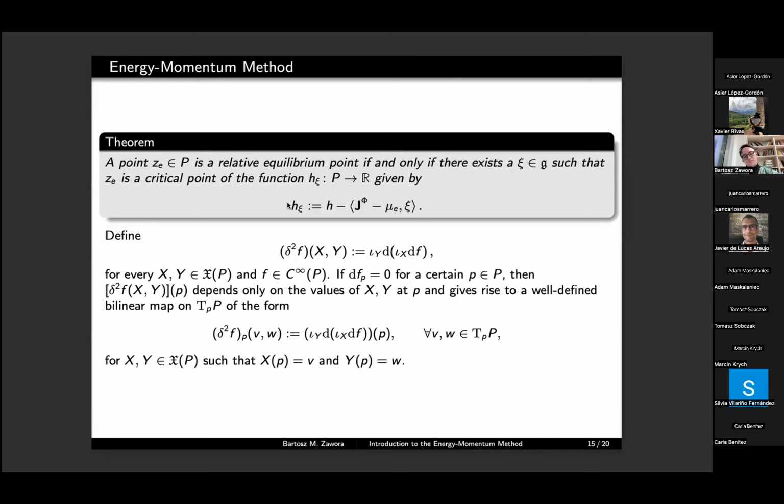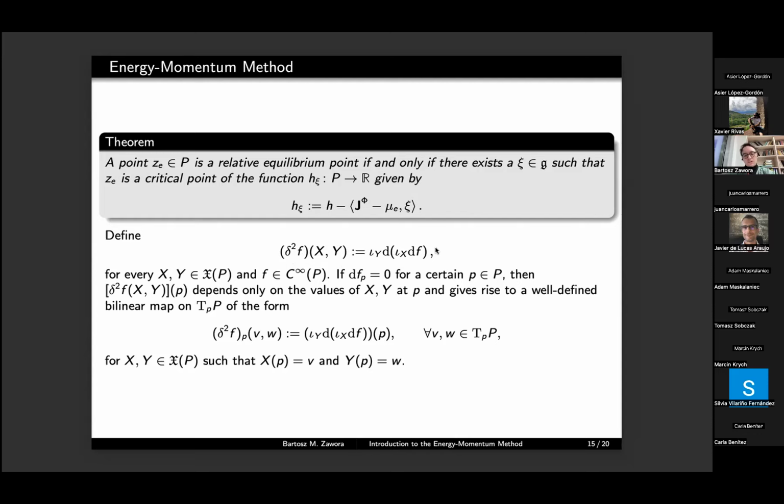Okay, so as I was saying, this theorem just characterized the relative equilibrium points, so we know how to find them. Now, what about the stability? Let me recall that the second variation of a smooth function is defined as here, for every two vector fields x, y, and smooth function f.